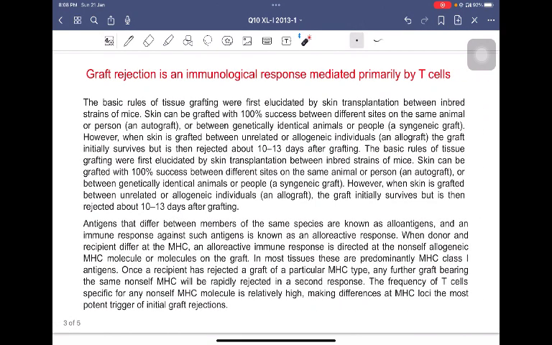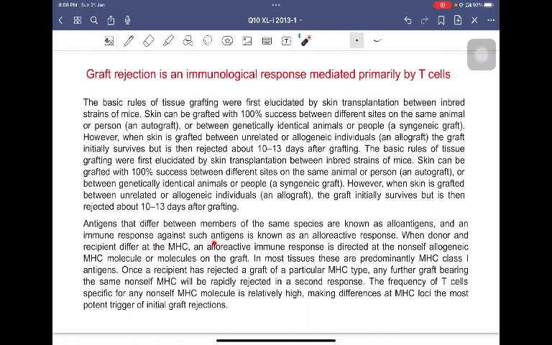Now, why does this happen? Antigens that differ between members of the same species are known as alloantigens.